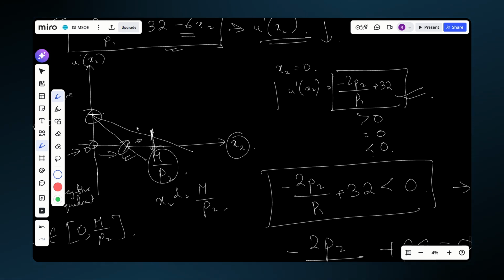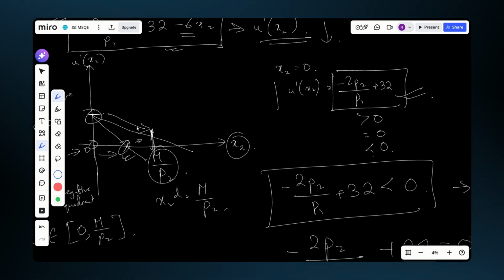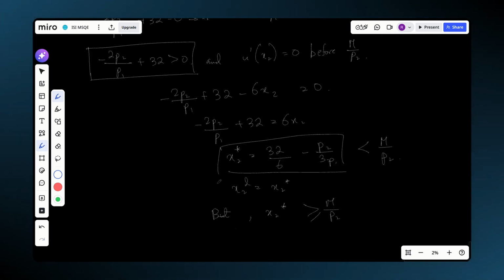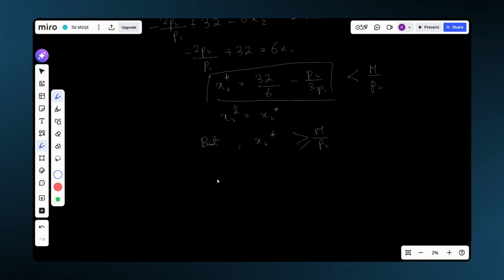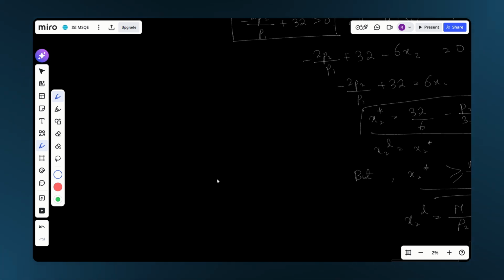I am moving towards the right since u dash is positive, and since u dash is positive, utility will go up, and I will be going up to this point. So if this is the case, then x2d will be m by p2.